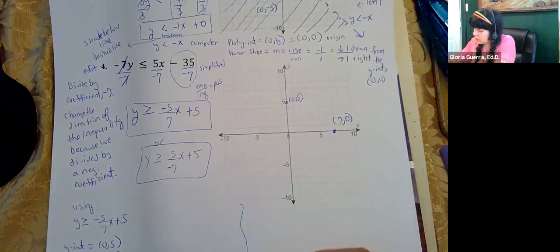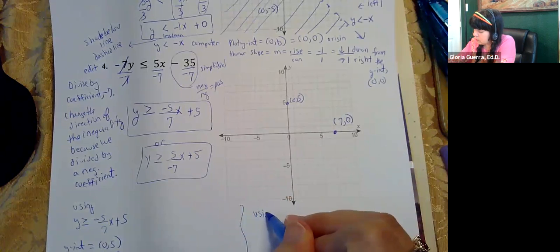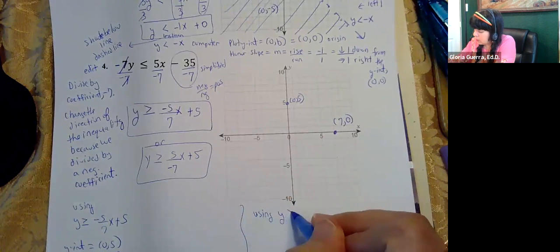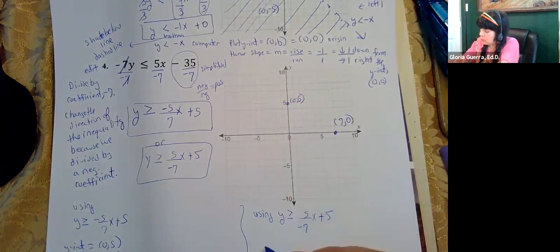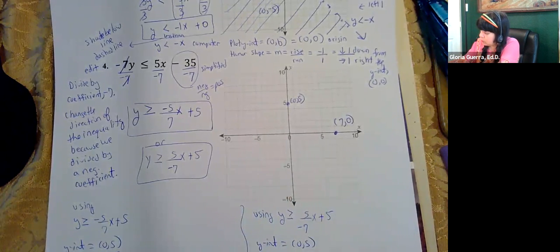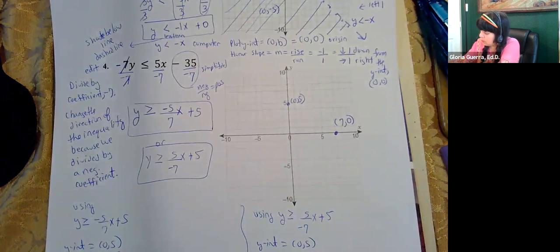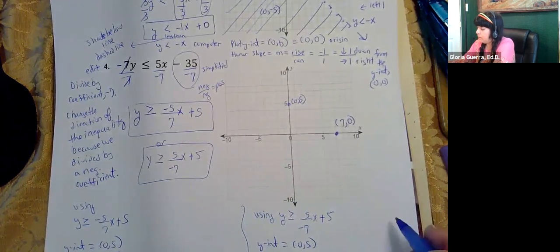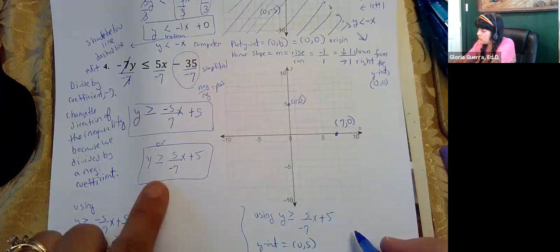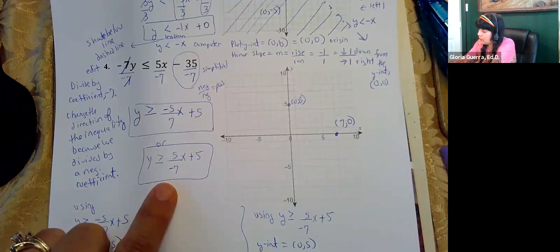Now, notice if you're going to use the other one, y greater than or equal to 5 over -7 x plus 5, your y-intercept is still 0, 5. But when you honor your m, your slope, rise over run, notice how this is 5 over -7.